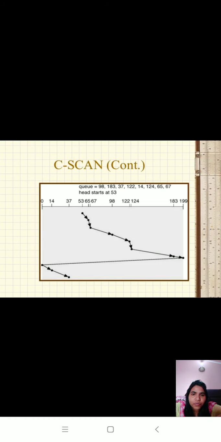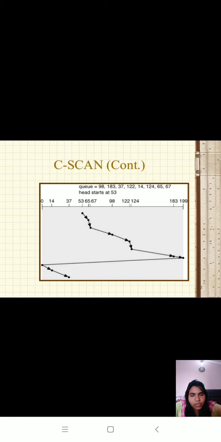So it goes to the last 199 and then it directly goes to 0, and then it will cover the remaining values like 14 and 37, and then we have to take the differences. So in this problem we can easily find out the result of how much the cylinder moves.